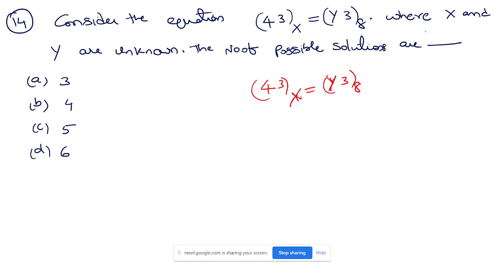Try to find the decimal equivalents of both the sides and then equate them. That will give you the number of possible solutions. And intuitively you have to think there.